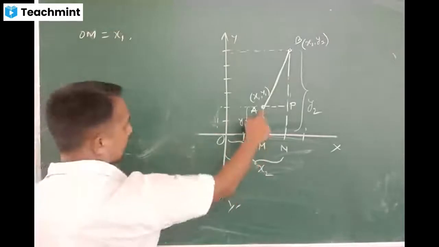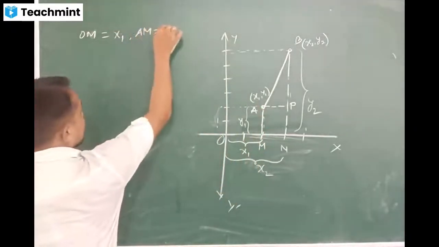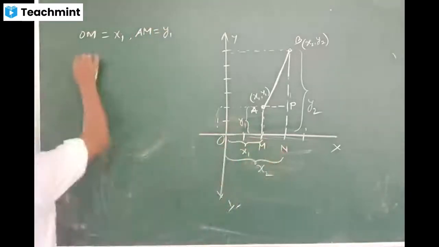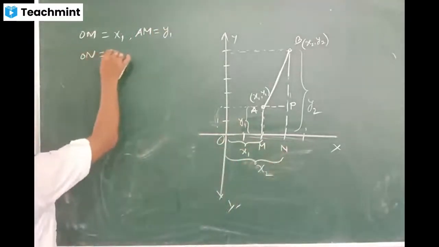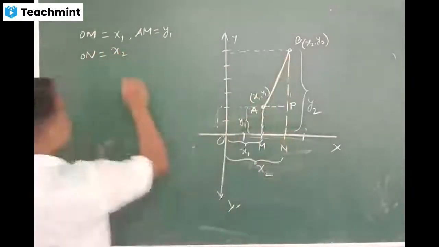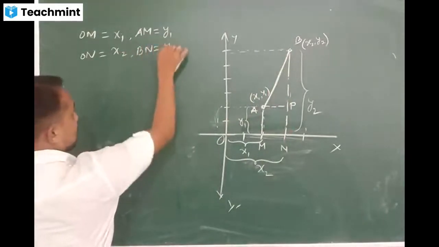Similarly, AM length is y1. ON length is x2 and BN length is y2.